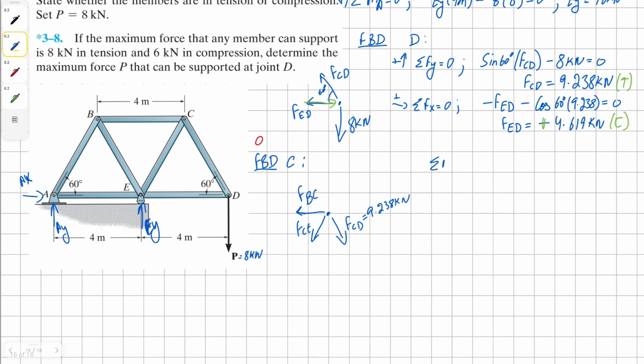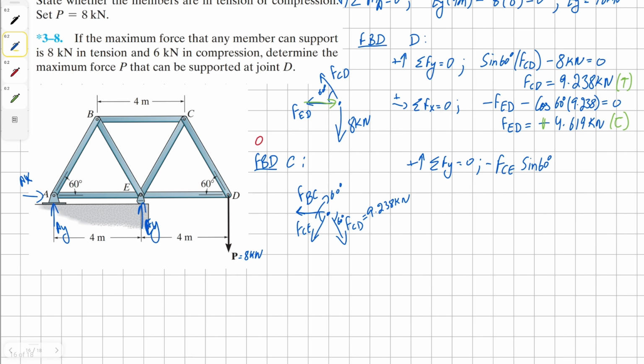Now we can sum the forces in the y direction to find the value for force CE. It's going to be the vertical component of force CE, which in this case is at 60 degrees, because we have three equilateral triangles, and it's going to be negative because we are assuming the member is in tension.